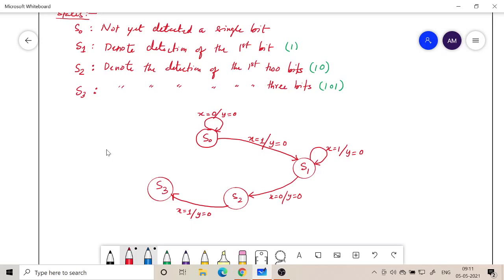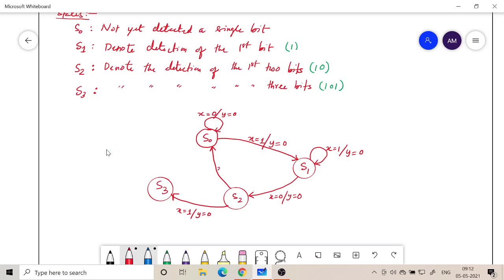But when I am at S2, if instead of 1 I am getting a 0, so that means 1, 0, 0, and 1, 0, 0 is such that this has broken the pattern. And where can I go back? I have to go back all over to S0, because it is as good as now detecting not even a single bit.